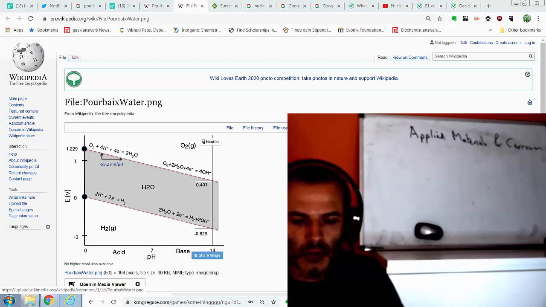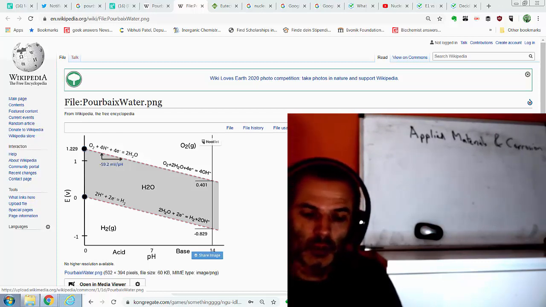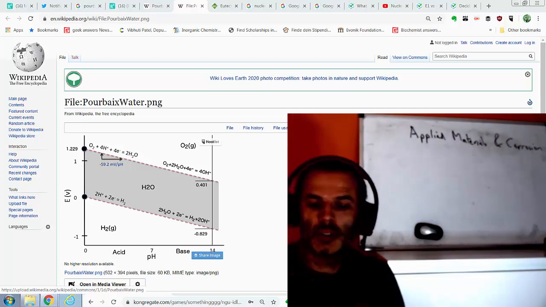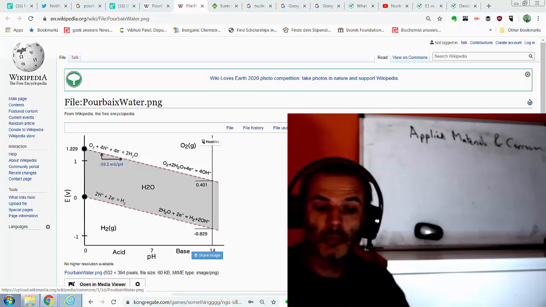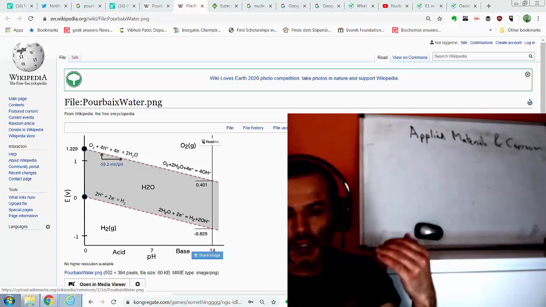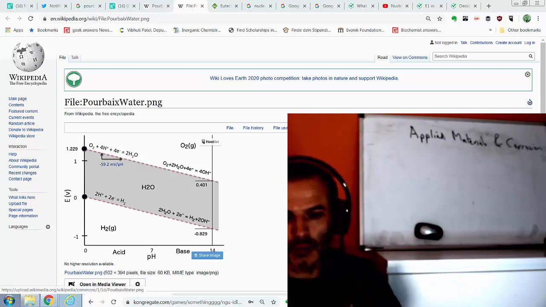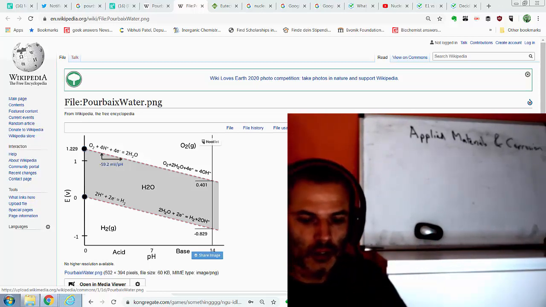If we imagine that reaction, we can see from a Nernst equation point of view that it's going to be directly controlled by the concentration of the H+ ion. So obviously if it's more acidic, it's going to be easier to do that, so we won't need such a negative potential to force the electrons onto the hydrogen ions.